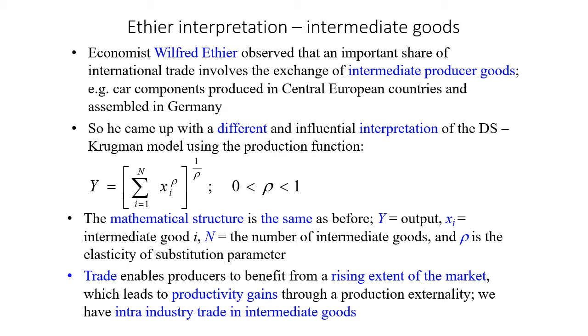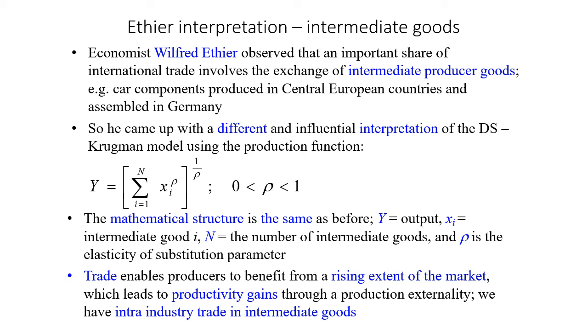EPS's interpretation is slightly different. It is very similar to the DS Krugman model we discussed earlier, except that instead of viewing final goods, he looked at intermediate goods. So he derived the same mathematical structure. The formula you see on the page is the same, just the variables look different, but it says the same thing.